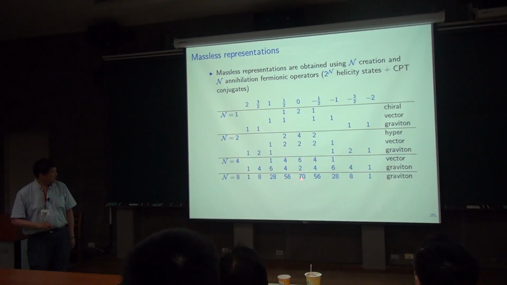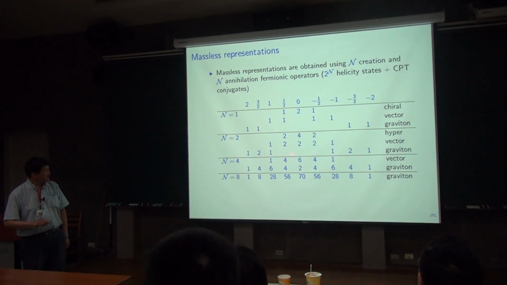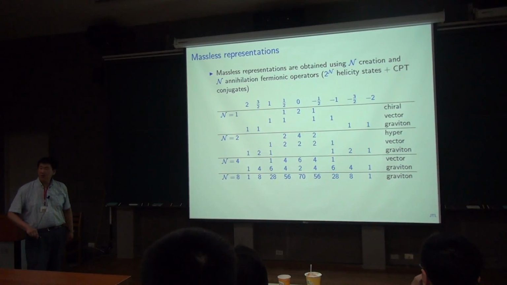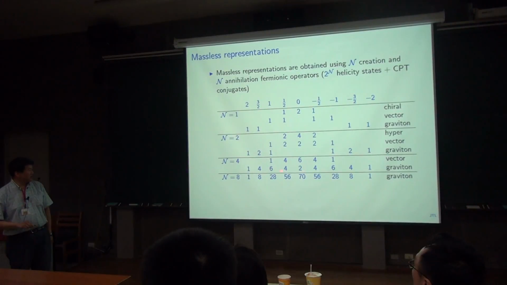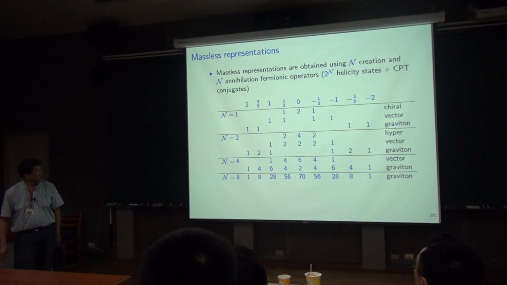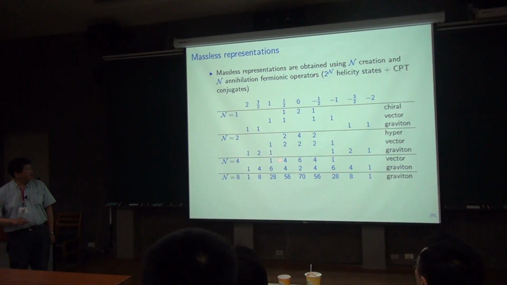N equals 4, you can imagine, connects 5 helicity states, and 1, 4, 6, 4, 1 are the standard binomial coefficients. It's not a mystery why that emerges in terms of the Clifford algebra. But one thing that's interesting is because I need to have helicities that differ by 2 units from the highest to the lowest helicity, I have, at a minimum, helicity 1 or spin 1.